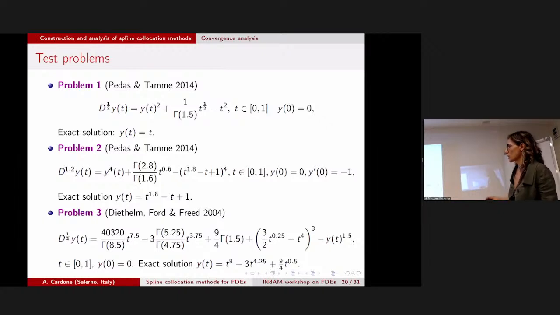I will consider some nonlinear problems, and the first case is the easier one because the solution is very smooth. In the second case, the solution is C1 but not C2, while in the third case, the solution is just C0 but not C1 around the origin.